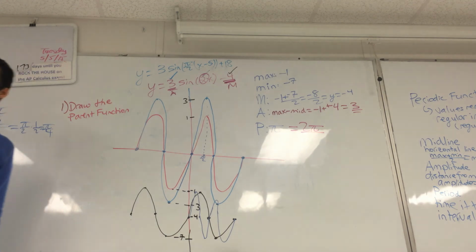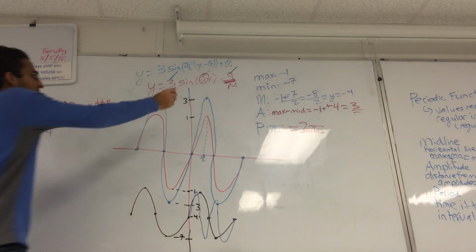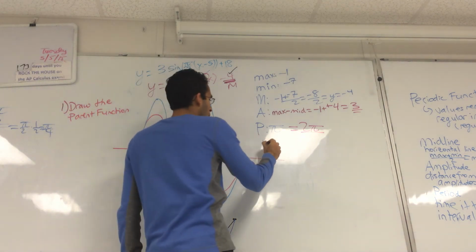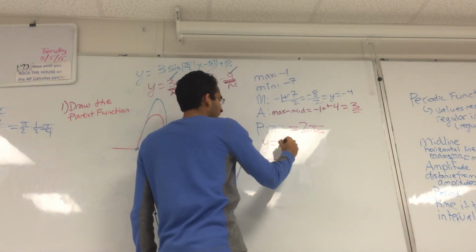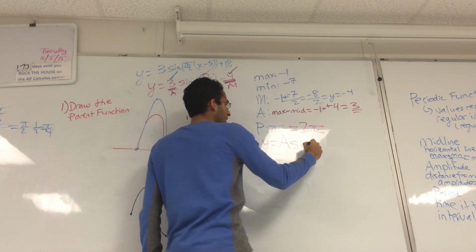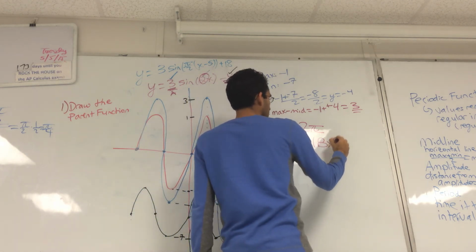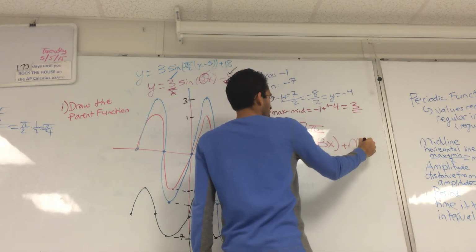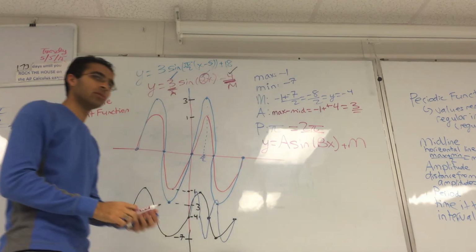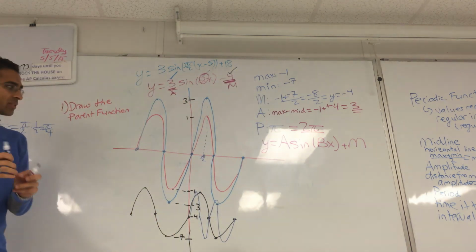So let me end by saying one last thing. And we still have some time. The general formula for this kind of graph is the following. Y equals A times sine of bx plus, call it m. Why are we calling it this?